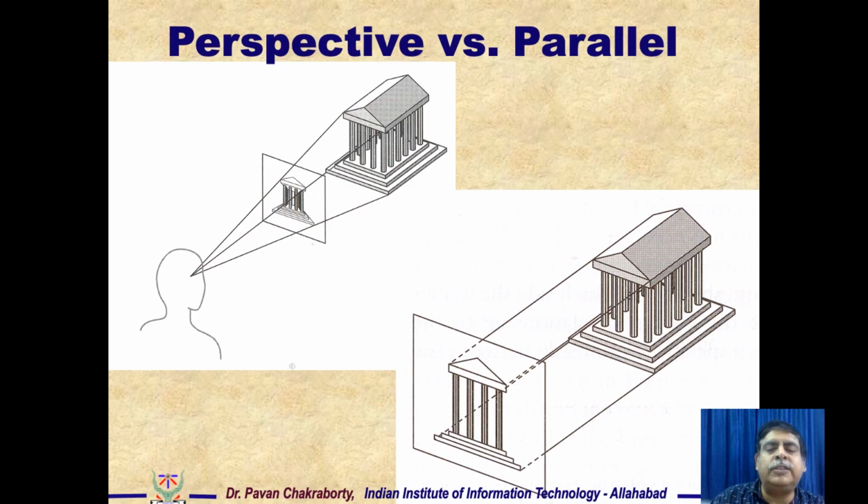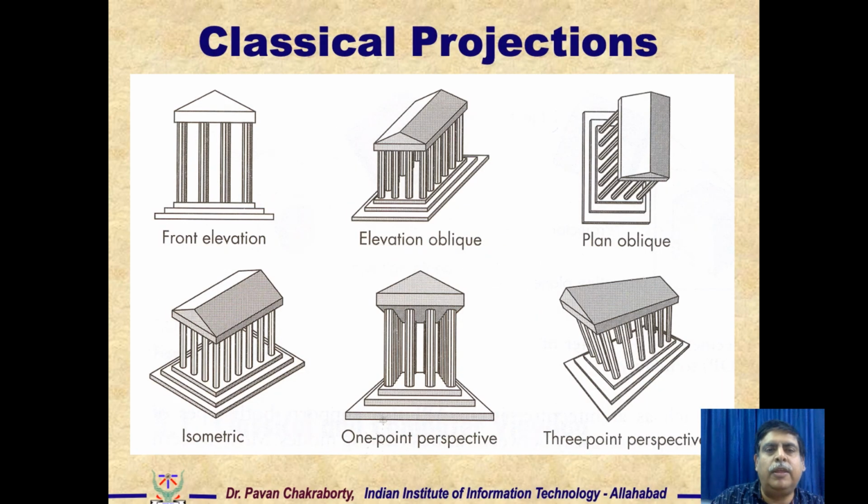Of course, you may first apply a scaling function, reduce the actual building, and then do an orthographic projection. So here you have the classical projections. In the orthographic projections, I have the front elevations, which are oblique, and plane oblique. I could have an isometric projection, and 1-point perspective projection to 3-point perspective projection.